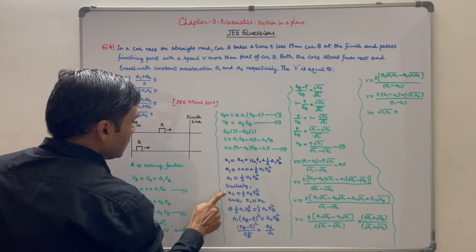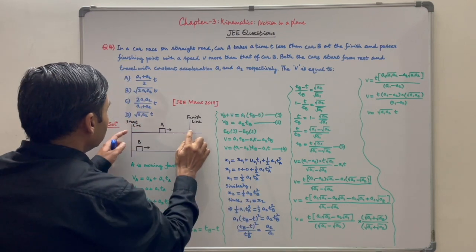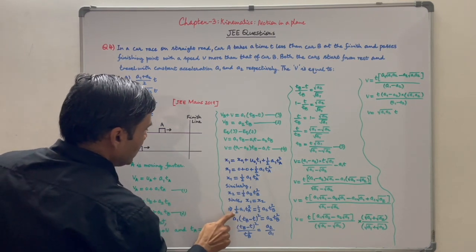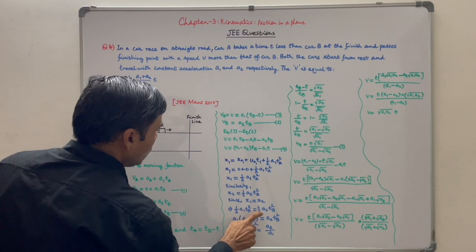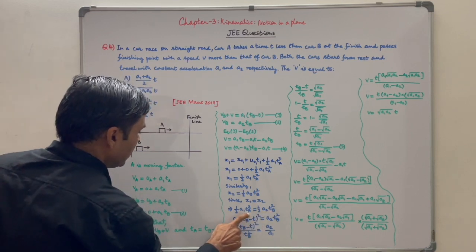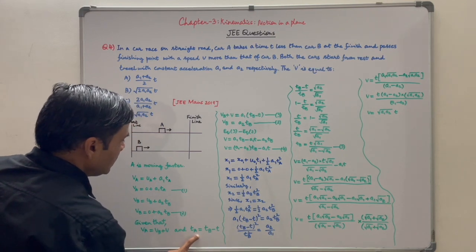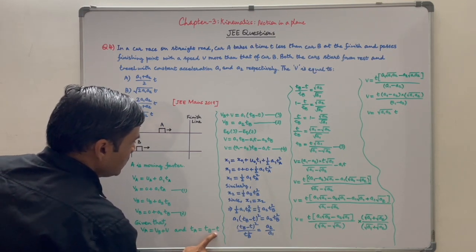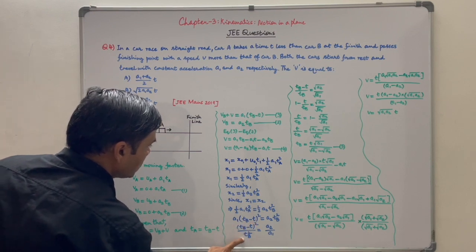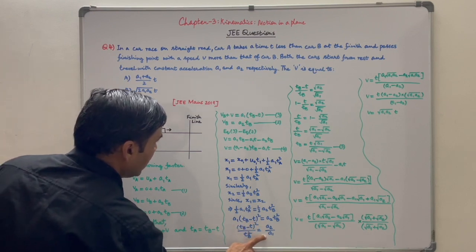Since x1 is equal to x2, as this is the distance between start and finish line, 1 by 2 a1 ta square is equal to 1 by 2 a2 tb square. Put the value of ta from here, as ta is equal to tb minus t. So we get this equation, (tb minus t) whole square upon tb square is equal to a2 upon a1.